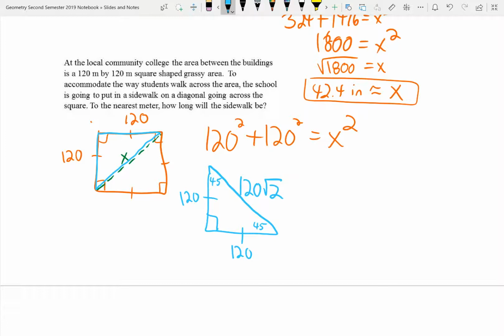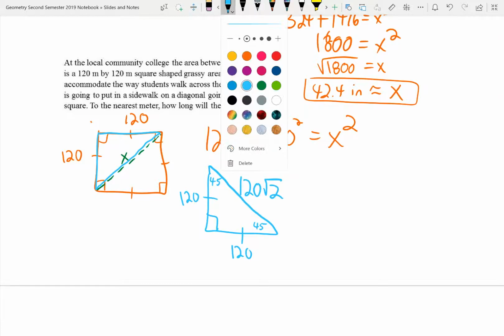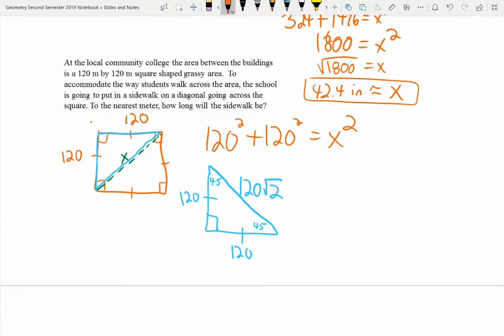We found x. But we're going to want our answer in terms of an actual estimate. You're not going to say the distance is 120 root 2. So we'll have that x equals 120 root 2, or x is approximately equal to 169.71.